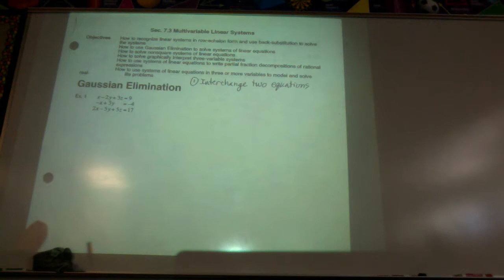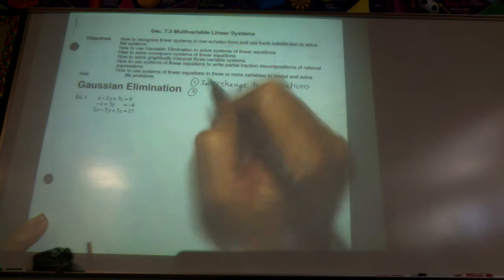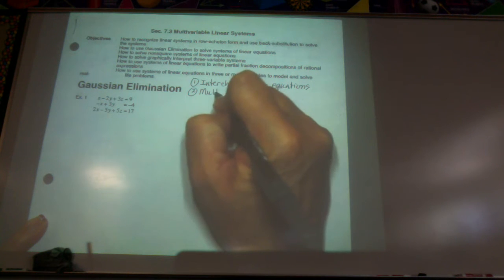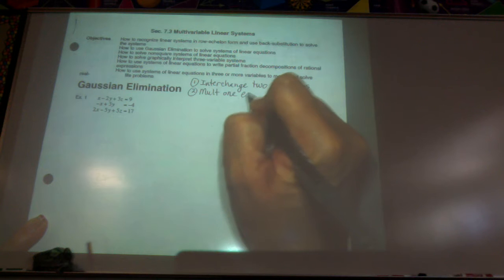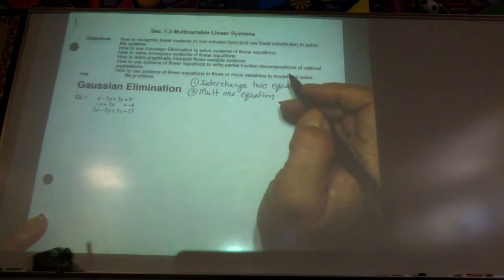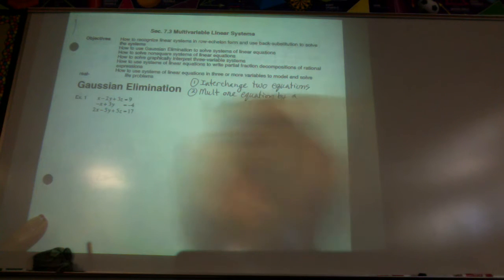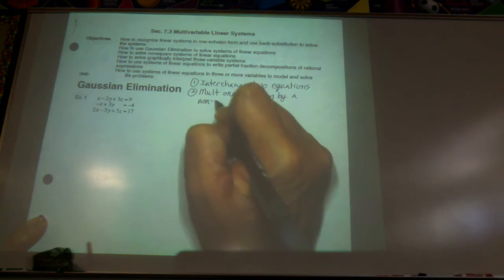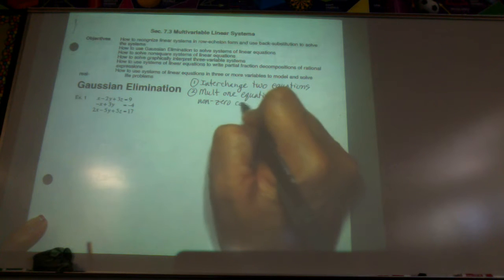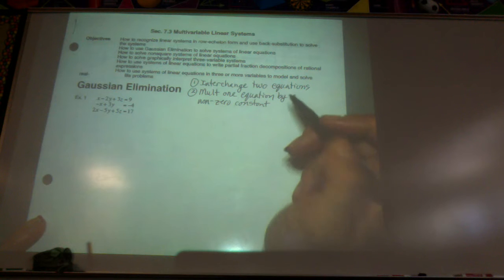All right, so you can interchange two equations, or you could multiply one equation by a non-zero constant. I'm not sure that any of you would try to multiply an equation with 0. So that should be understood.